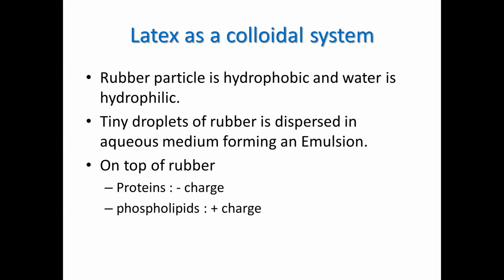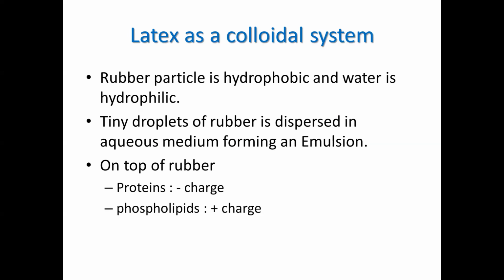On top of the natural rubber latex particle, which is hydrophobic, you have non-rubber constituents, namely proteins and lipids. What are the two non-rubber constituents present on the natural rubber latex particle? The surface is made out of proteins and lipids.